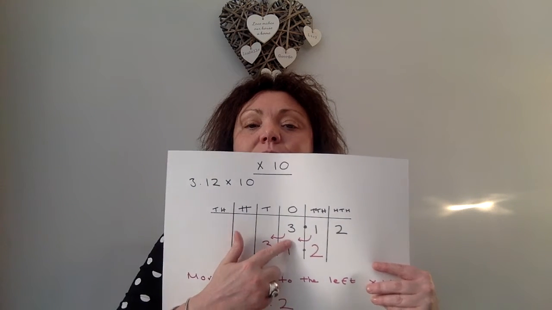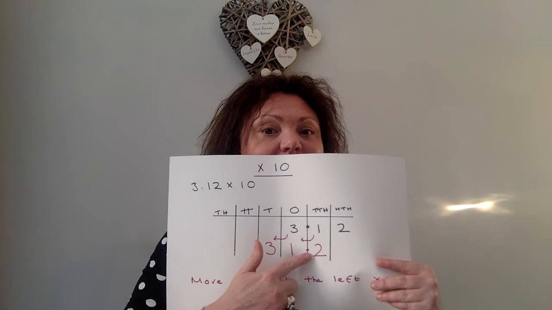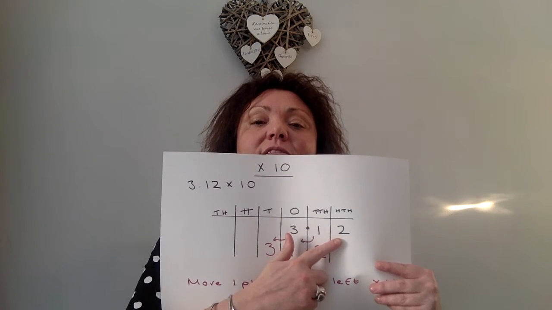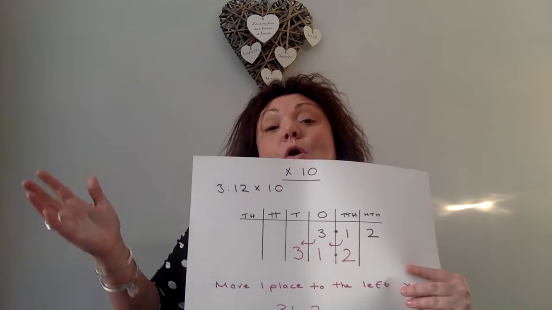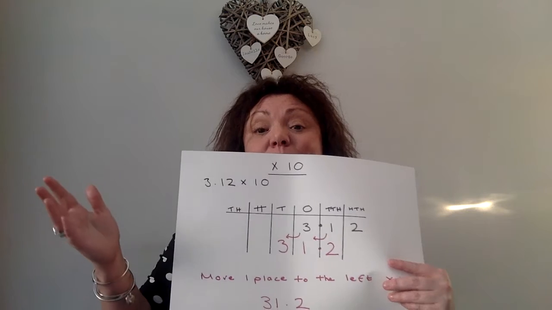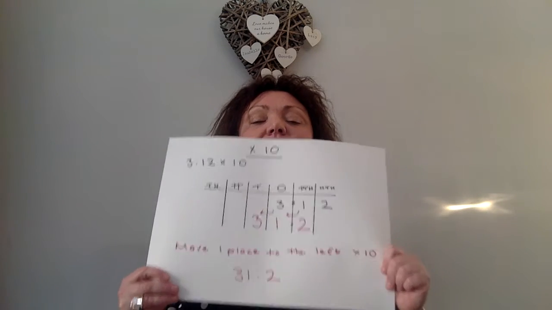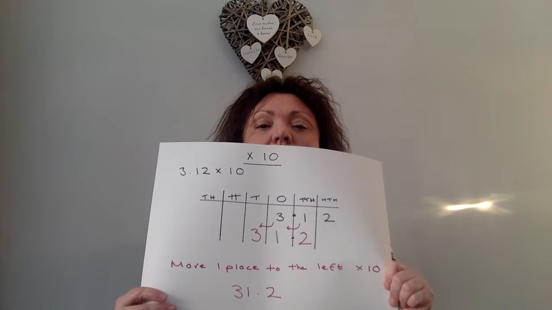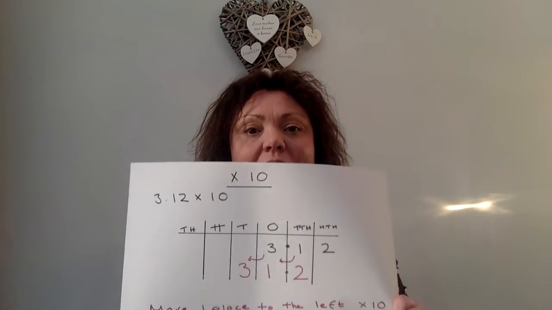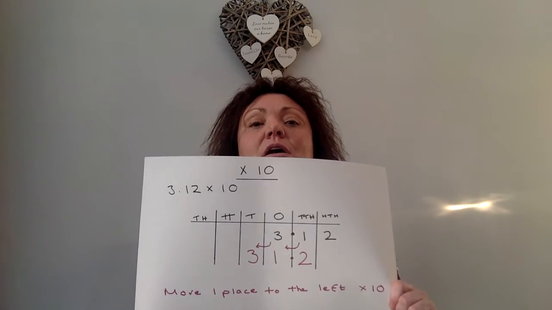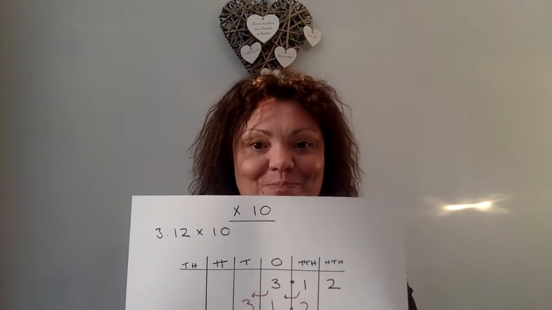The 1 goes to the ones. The decimal place stays in the same place, and the 2 that's in the hundredths goes to the tenths. So everything has moved up 1 place. That decimal point has shifted, hasn't it? And we have got the answer, 31.2. So when you are multiplying by 10, it moves to the left on the place value chart by 1 position, by 1 place. Got it?